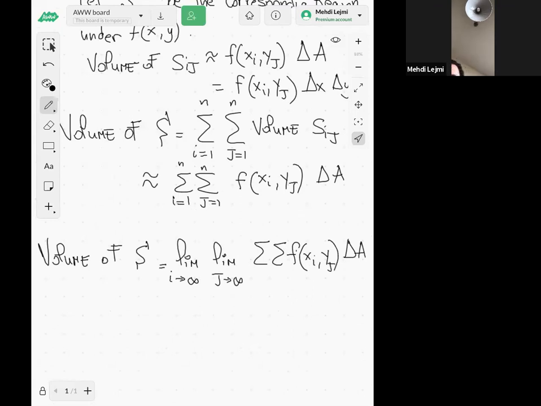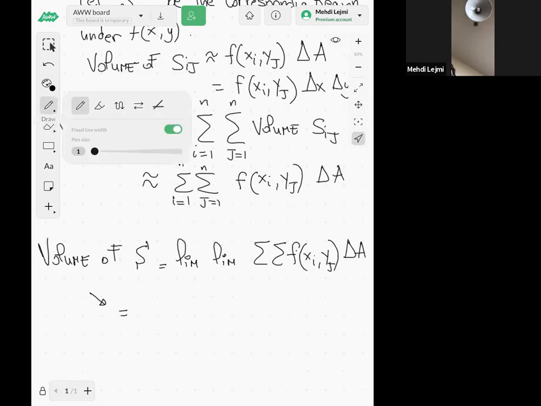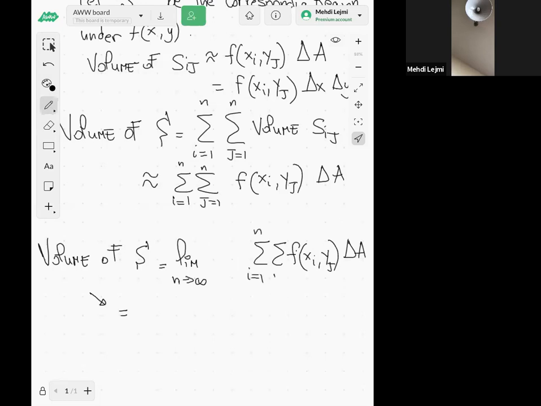So this would be a double integral. Sorry, here I meant n, of course. So n goes to infinity, with i going from 1 to n and j going from 1 to n.